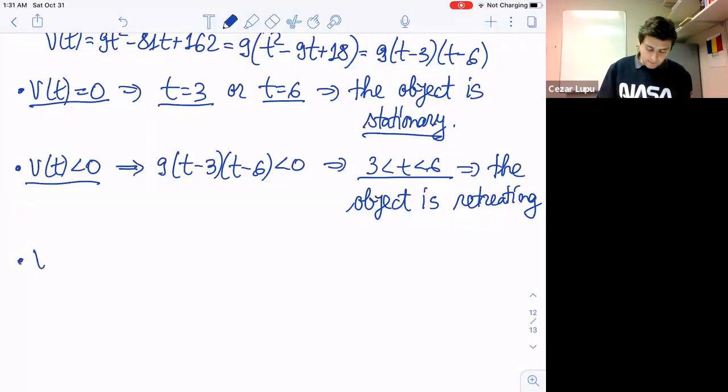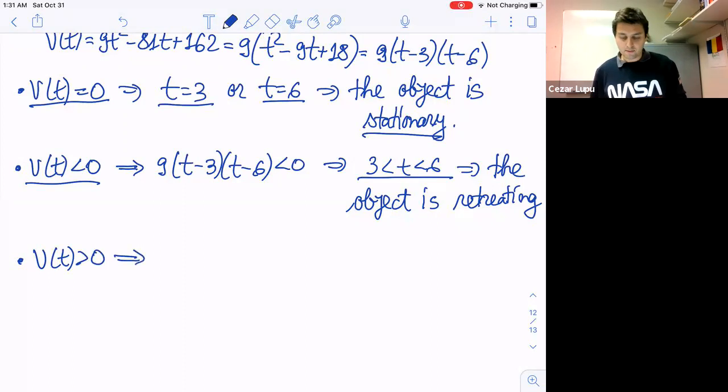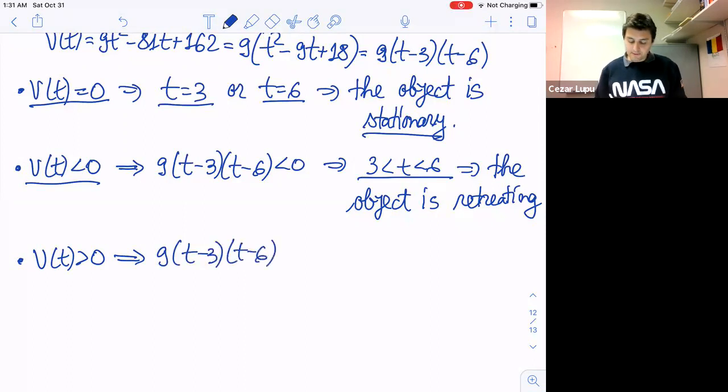And now let's see what happens when v of t is positive. Then you will have 9 times t minus 3 times t minus 6 greater than 0. So this means that t is less than 3 or t is greater than 6.